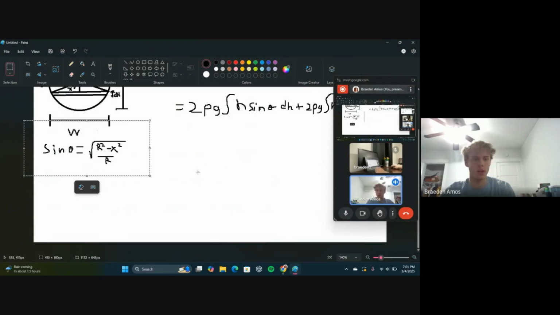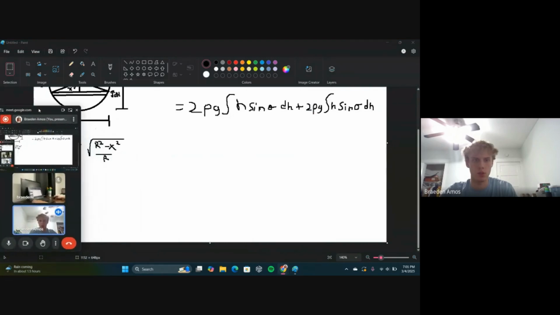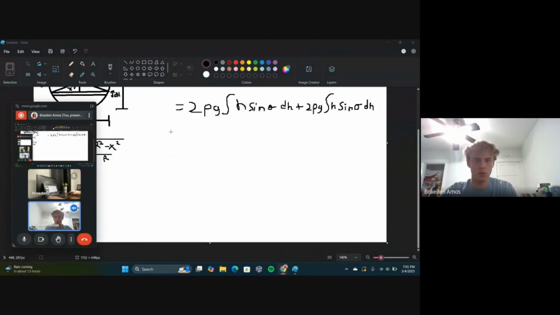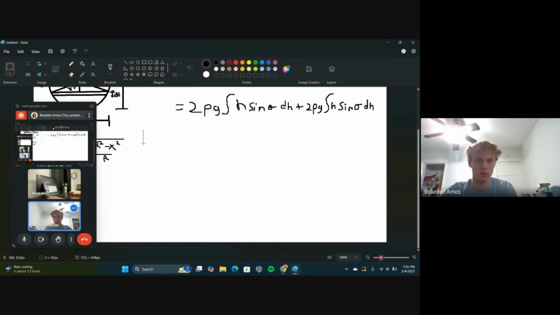Okay, so now that we have this in terms of sine, we can start to plug it back into our other equation. So this is still just F. F equals 2 rho g.